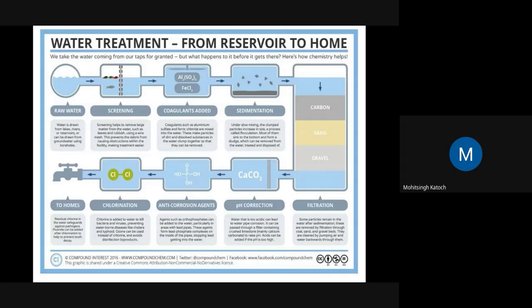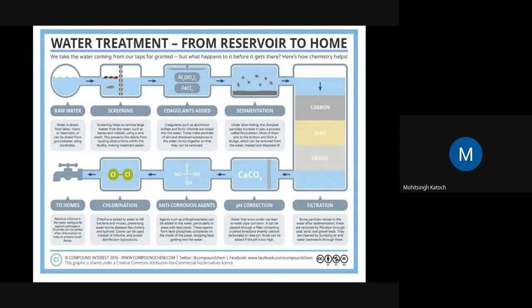Apart from chlorine, ozone can also be used instead, and this also avoids disinfection byproducts. When chlorine is used, there is generation of some disinfection byproducts. But when we use ozone as a disinfectant, the byproducts are negligible. So this is a benefit of ozone if we use it in place of chlorine.